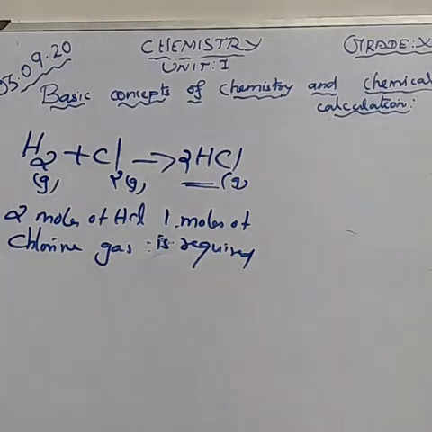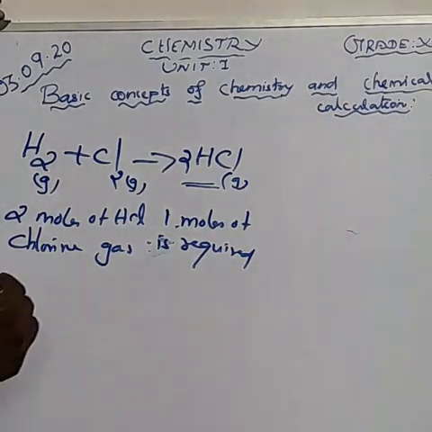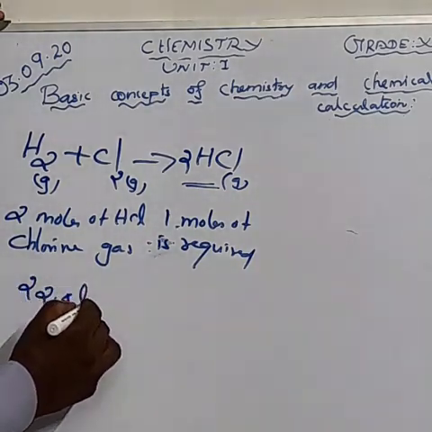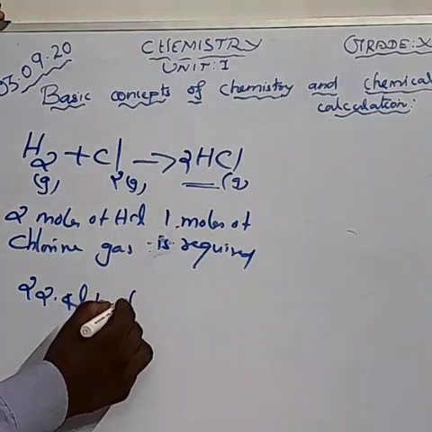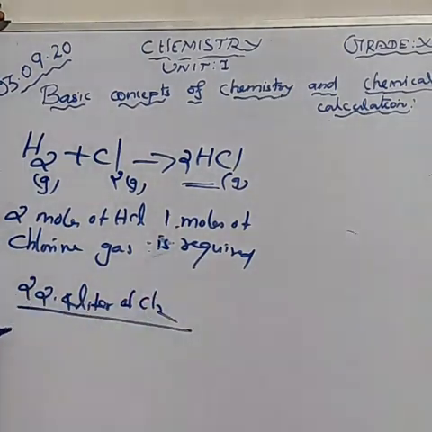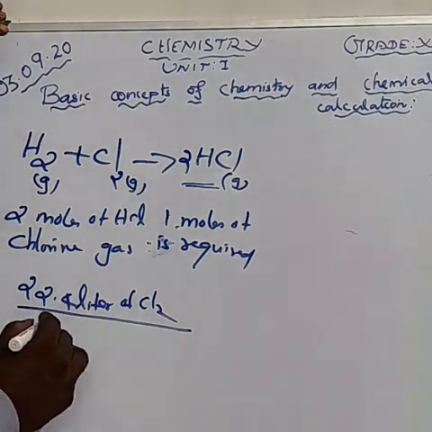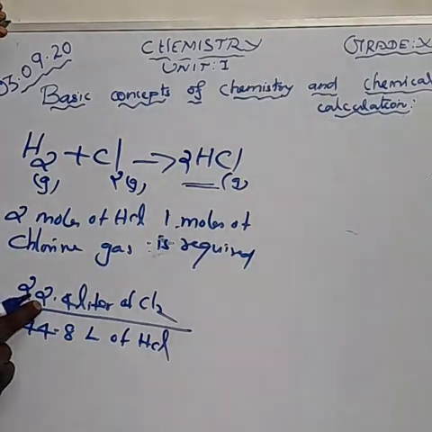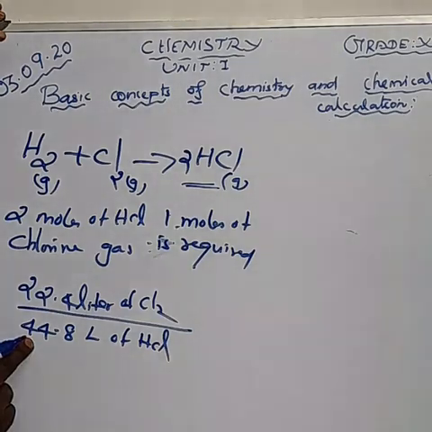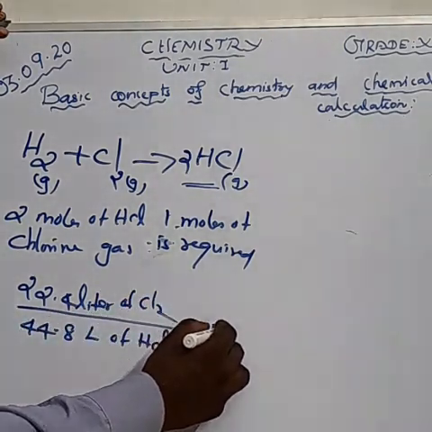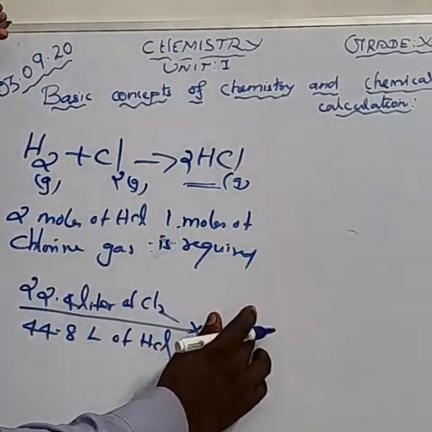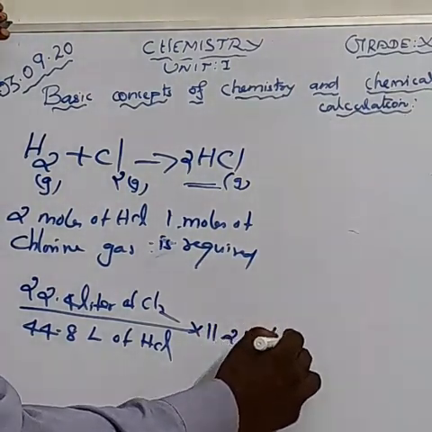The formula is written as 22.4 liters of chlorine divided by 44.8 liters of HCl, into 11.2 liters of HCl.